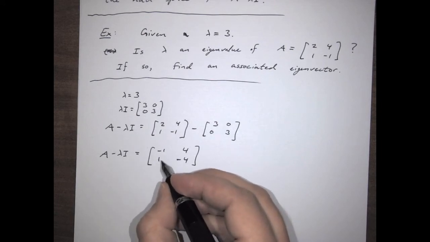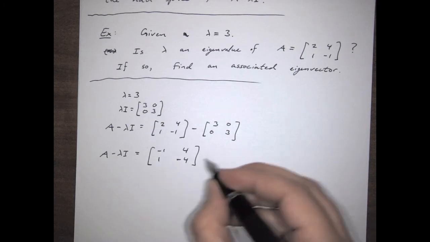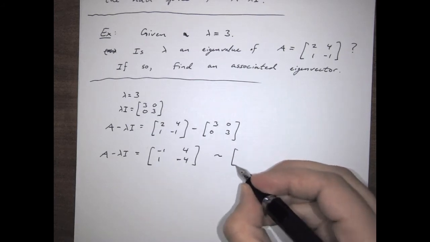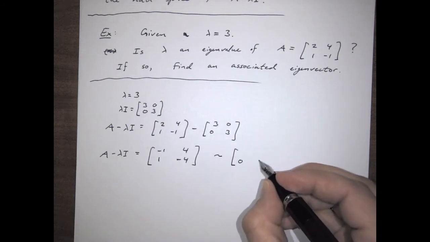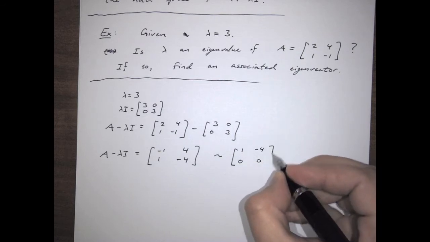We can easily see what's going to happen if we row reduce this. We're going to end up with zeros down here, and we're going to have 1, -4 up here.